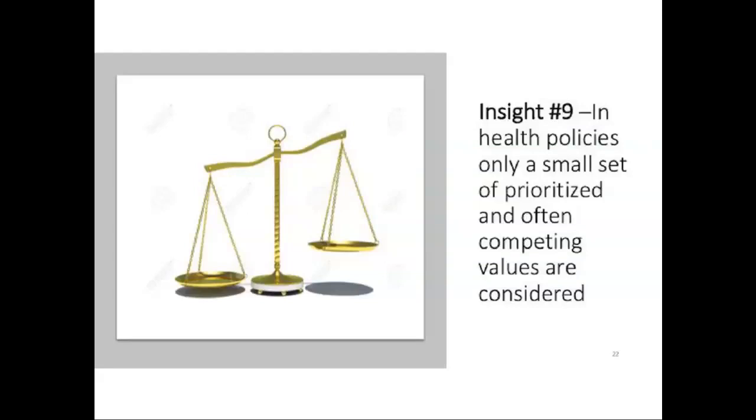And when we discussed these values with the policymakers in the third study that we have, with a methodology of interviews, stakeholders and policymakers say that when they have to make a decision, they only consider 2 or 3 values. So for example, in the case of Colombia, for the decision that we chose for our study, that was the declaration of health as a fundamental right, policymakers inform that they use the values of human dignity and sustainability.